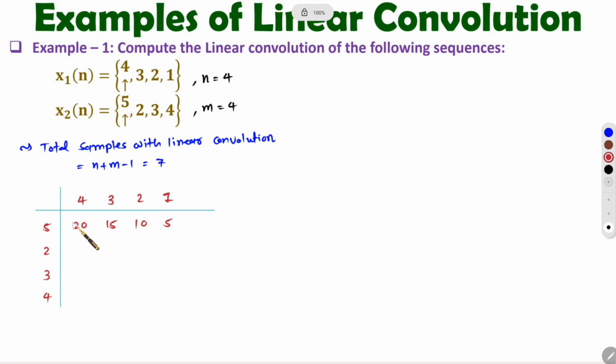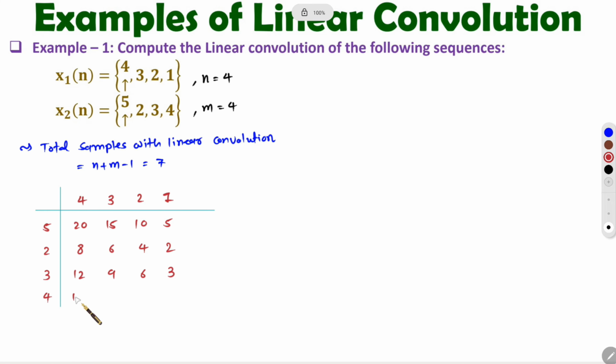Now I'll multiply 2 with this. So here we have 8, 6, 4 and 2. Then I'll multiply 3 with this. So here we have 12, 9, 6 and 3. Now I will multiply 4 with this sequence.